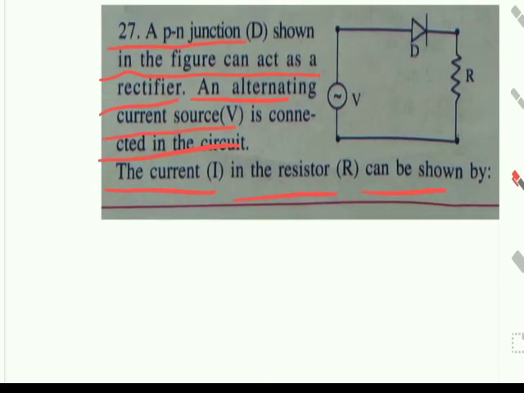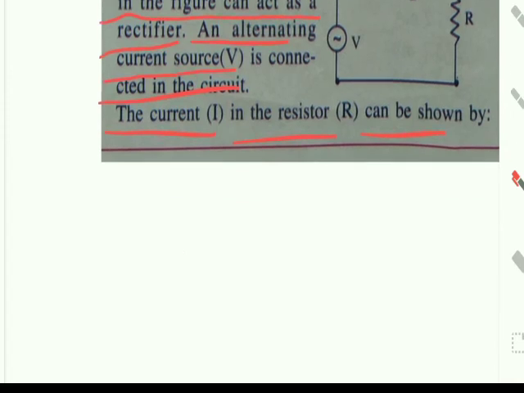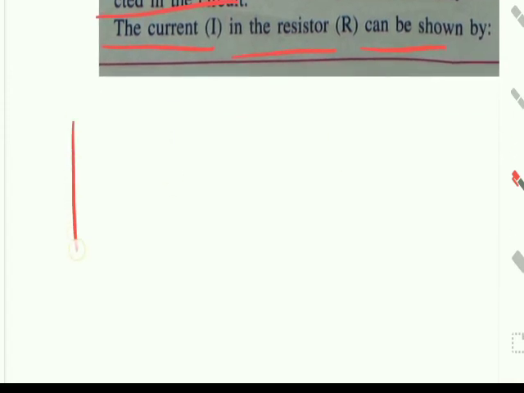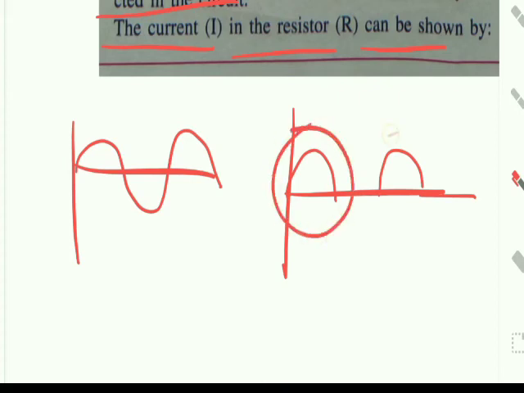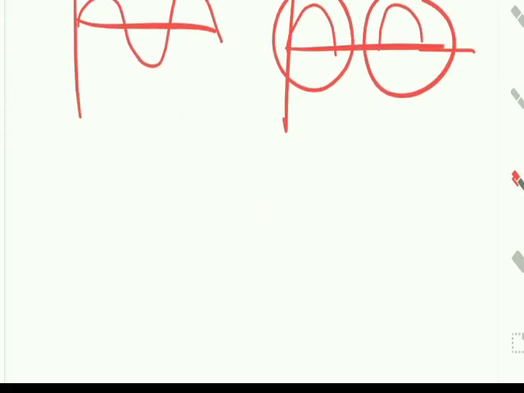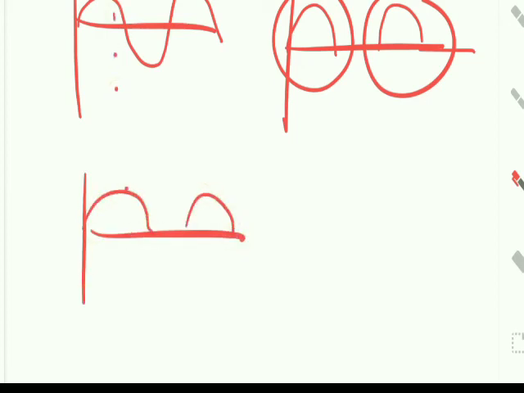It is a half-wave rectifier, so the input signal is an AC waveform, and the output only comes for half of the input signal, the positive half. So our answer is the half of positive signs.